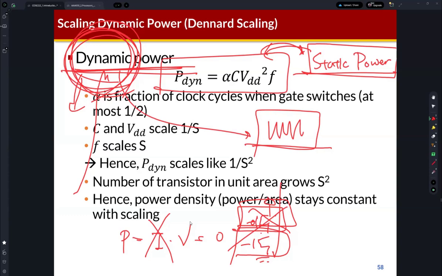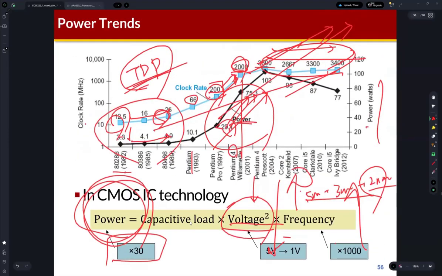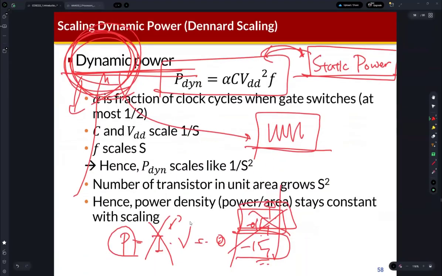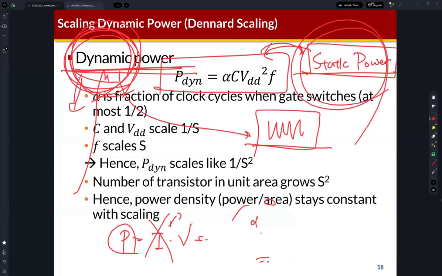So in a steady state, current does not flow. Because I is 0, then P is also 0. So in the old generation, we did not consider the static power. But now we need to consider static power also.